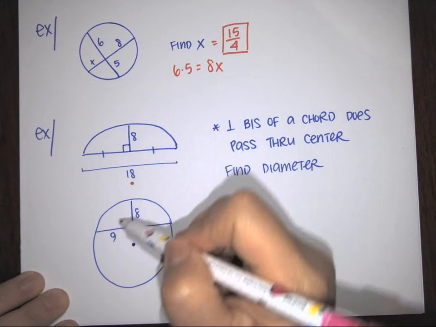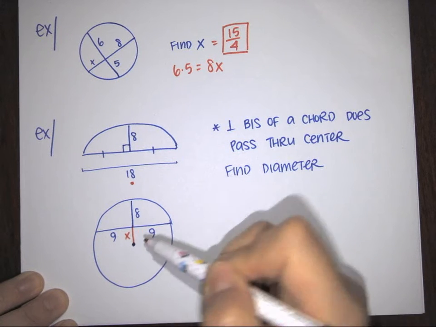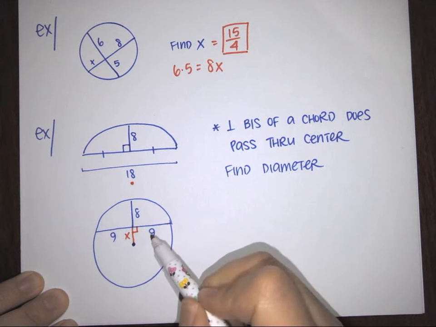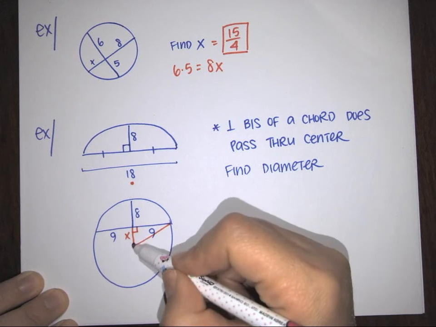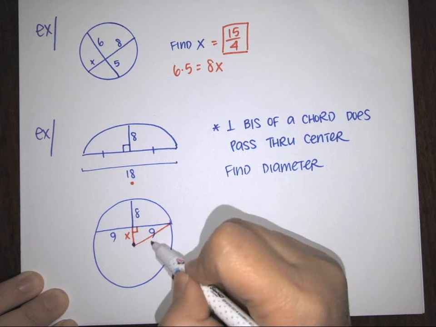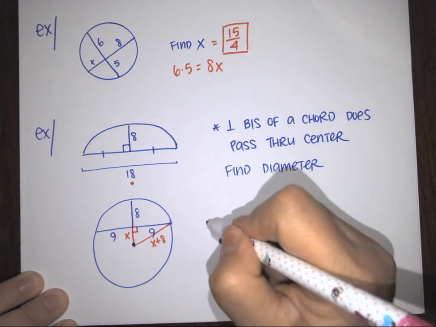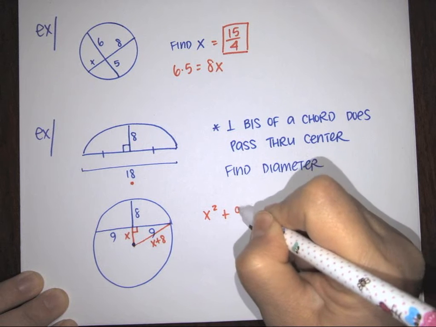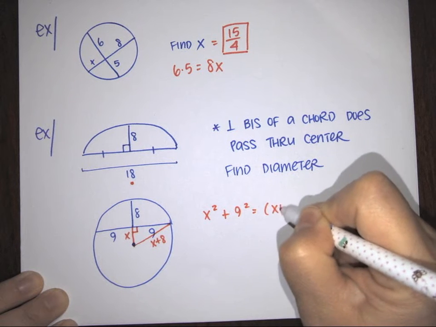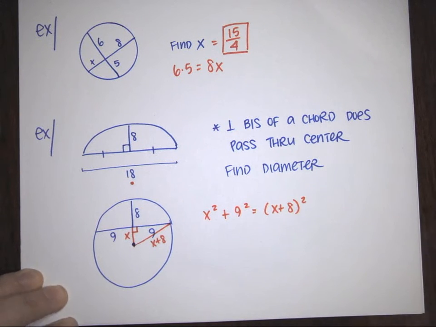So you could say that this is x, this is a right angle, this is a radius. The radius, since this is a center, is x plus 8. So we could do Pythagorean theorem, a squared plus b squared equals c squared. Solve for x that way.